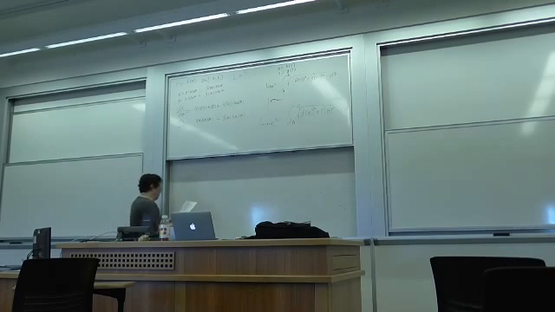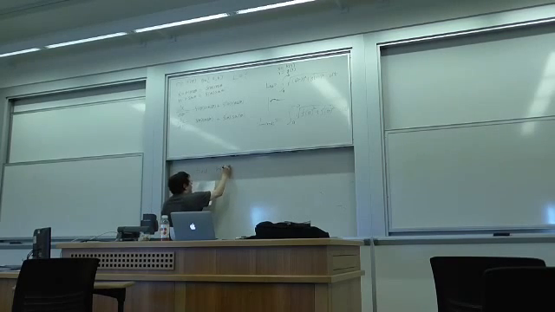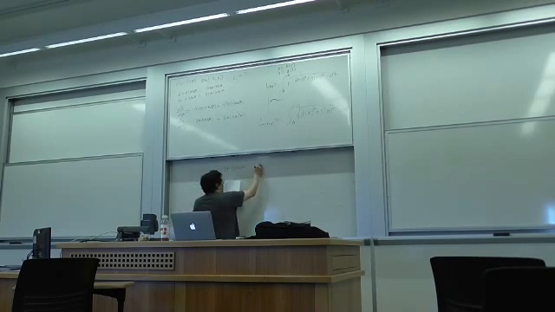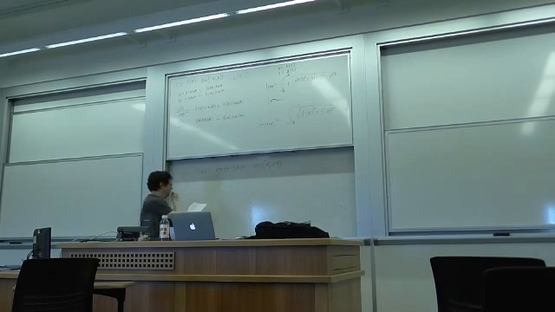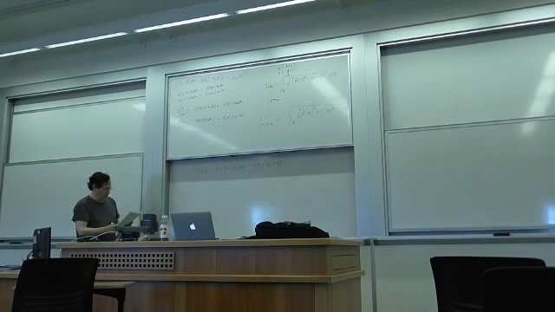But let's find the length of a cardioid. R equals 1 plus sine of theta on the interval 0 to 2 pi. So this is the whole length of this cardioid we've been looking at.